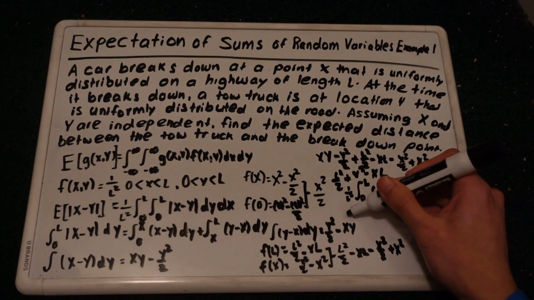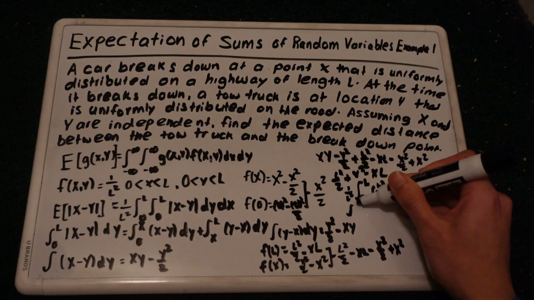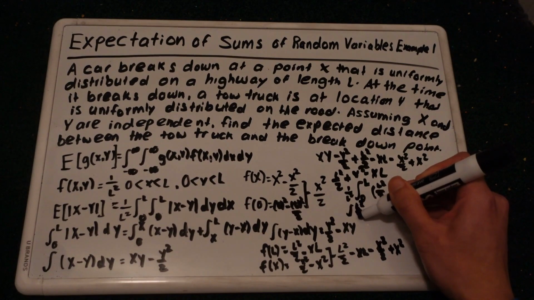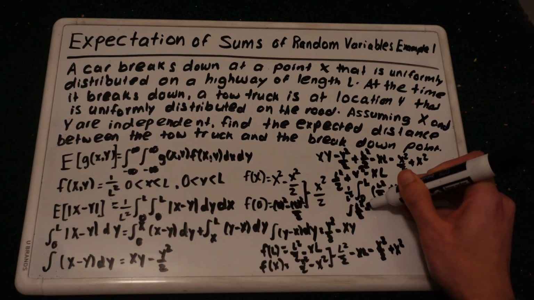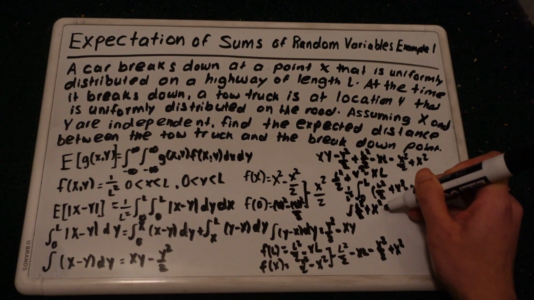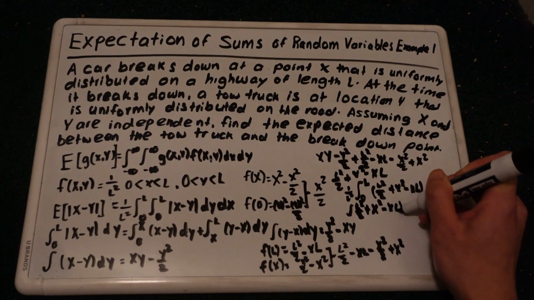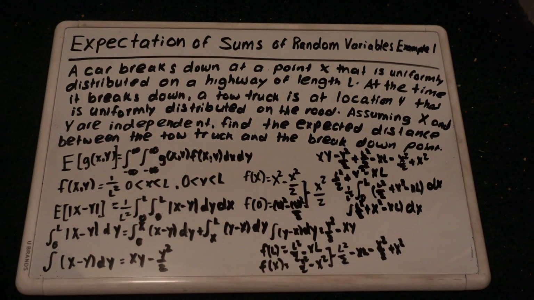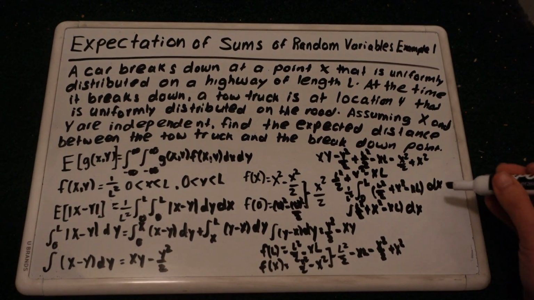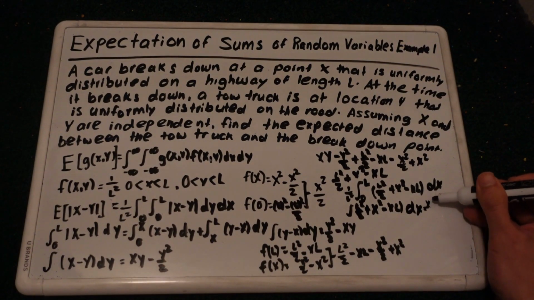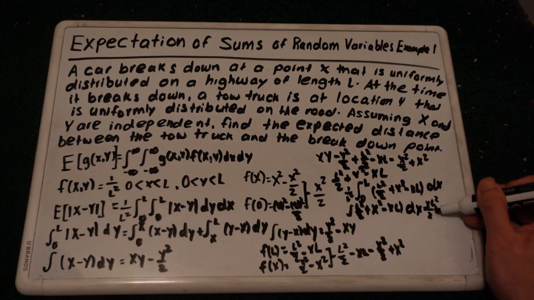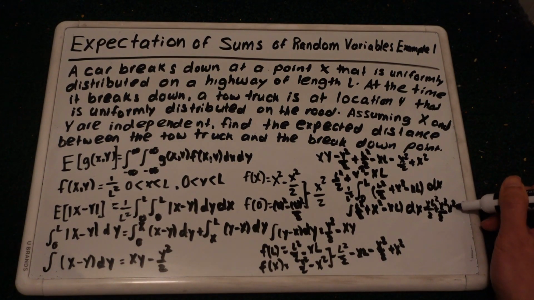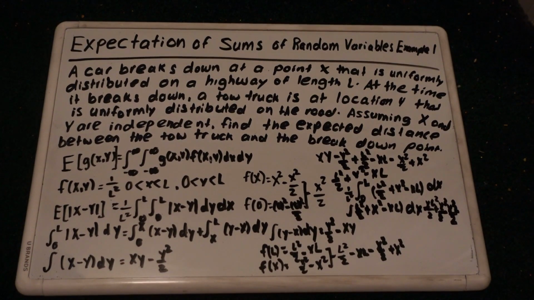That would just be xL squared over 2 plus x cubed over 3 minus x squared L over 2.